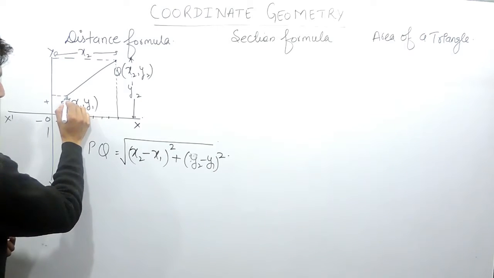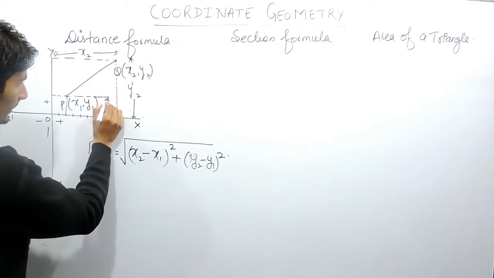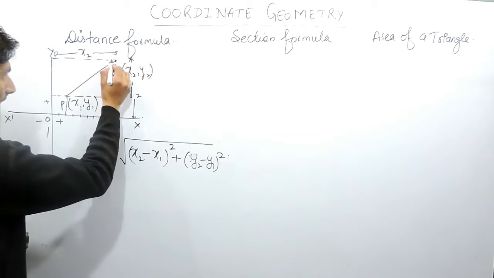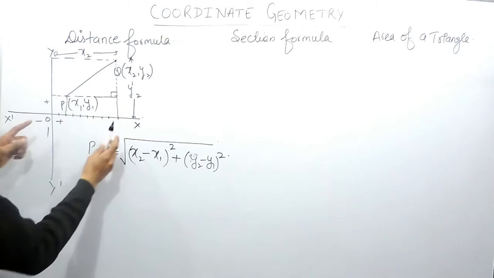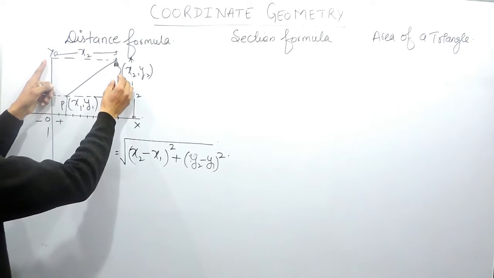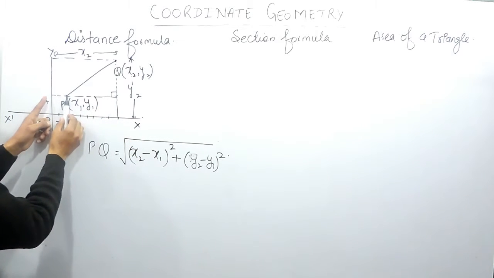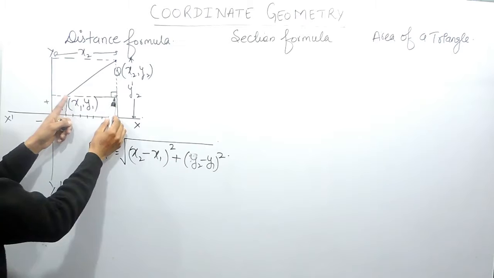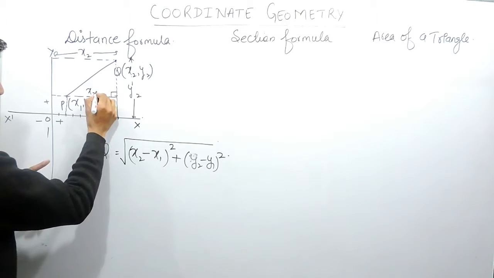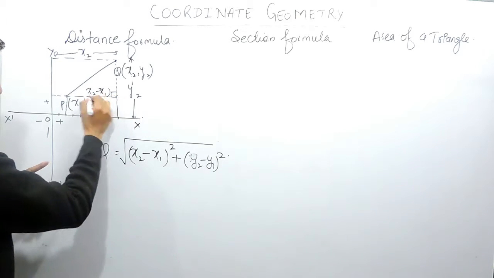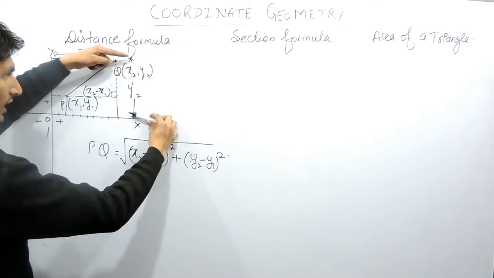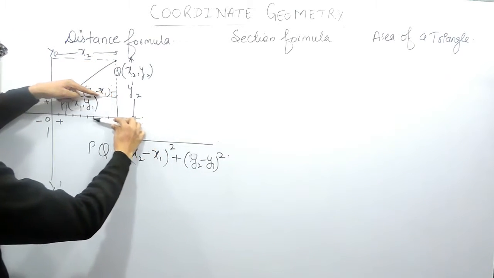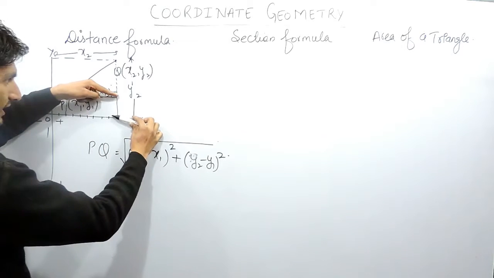Now if I make this right angle triangle, in which this complete distance is x2, out of which this distance is x1, so obviously this distance must be x2 minus x1. Similarly, this complete distance is y2, out of which this distance, which is equal to this one, is y1.